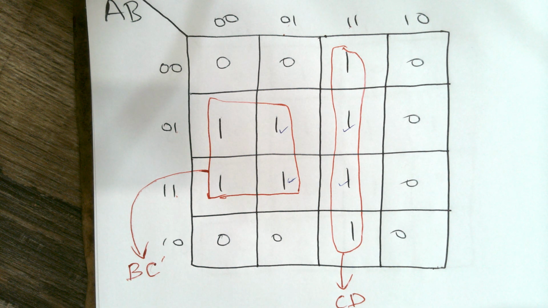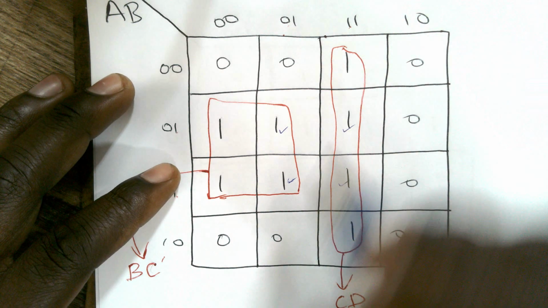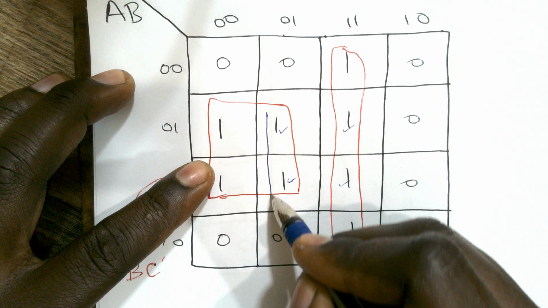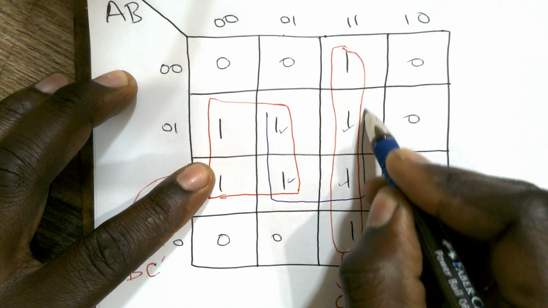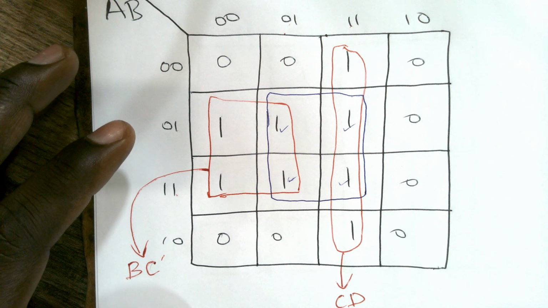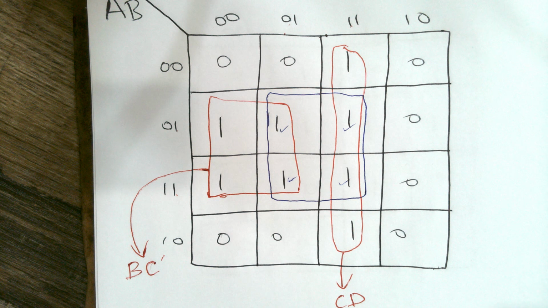Well, it's easy. We have to make sure that all of those ones are in the same circle. So we need to introduce another square or circle that encloses all of those ones. Like that.